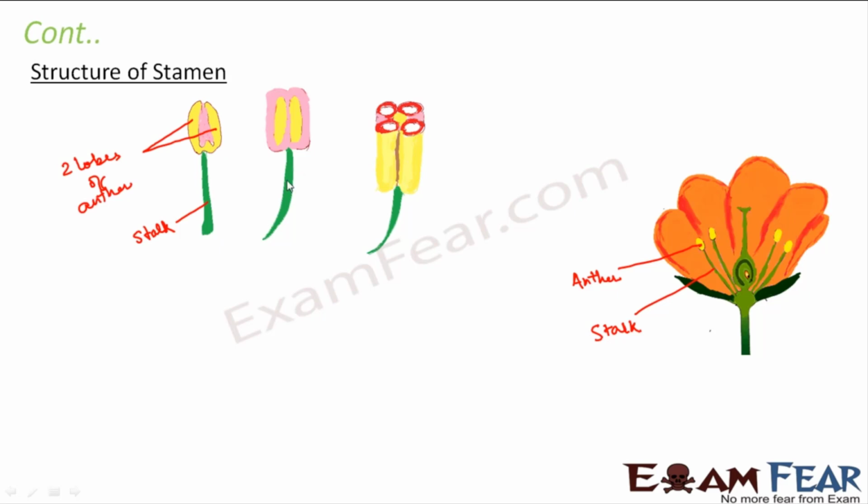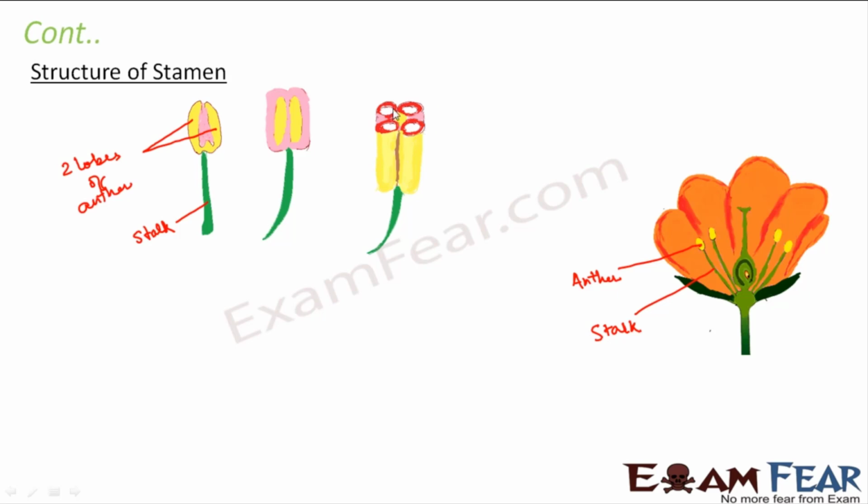When you look at it from the front, this is how it looks. These are the two lobes. Now if you look at the cross section, that means if you cut this anther, this yellow colored structure, from between, this is how the cross section looks.